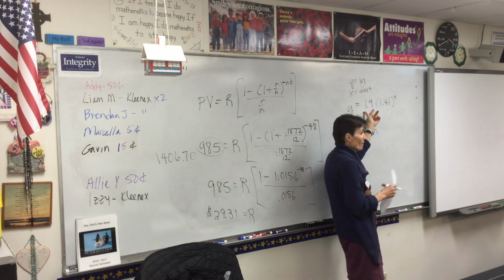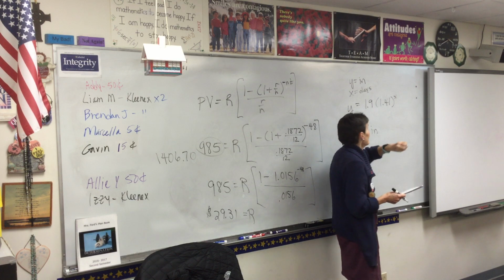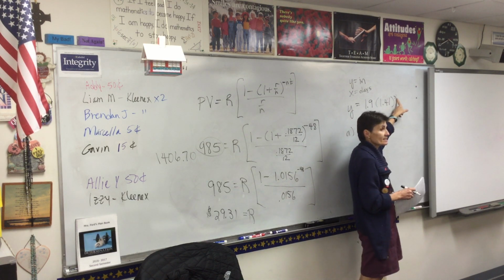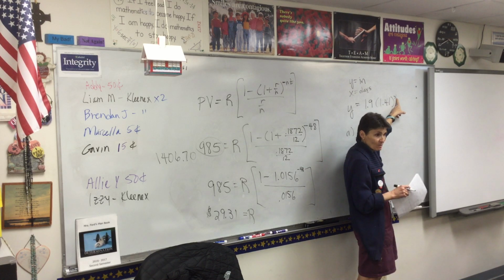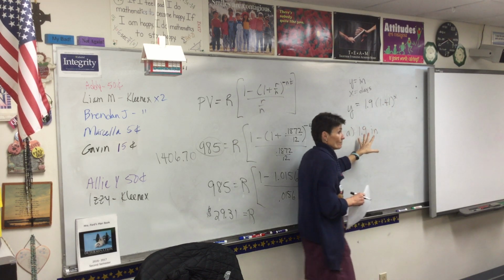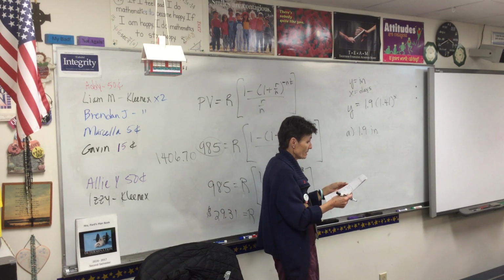So my starting number is 1.9. The other way you can think about it is at the beginning, the initial value, x is 0, time is 0. If you put a 0 in here, you get 1 times 1.9. So the initial length of the vine is 1.9 inches.